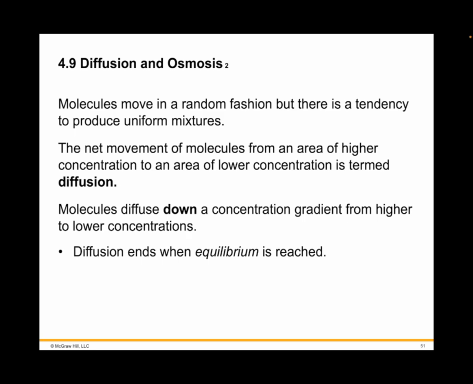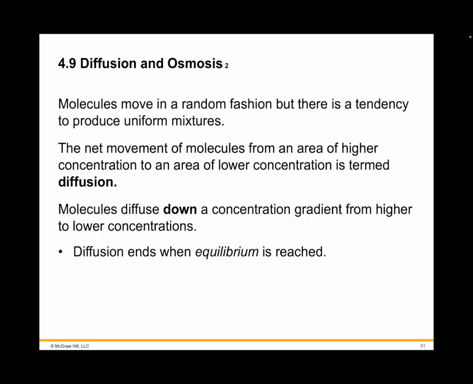For example, a lump of sugar dropped into a beaker of water, and you can see this essential biological process in figure 4a on the left-hand side of page 82. So that lump of sugar dropped into a beaker of water will break apart into individual sugar molecules that will move about randomly. However, they will tend to travel away from the area of high concentration to an area of lower concentration.